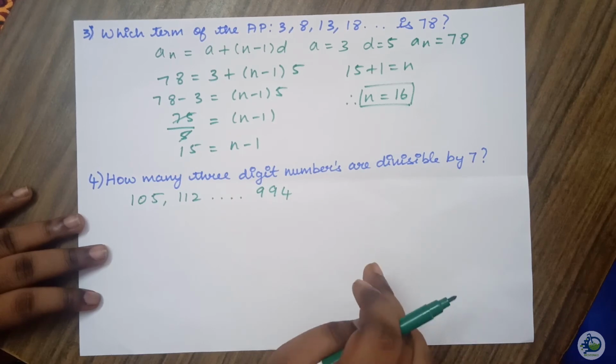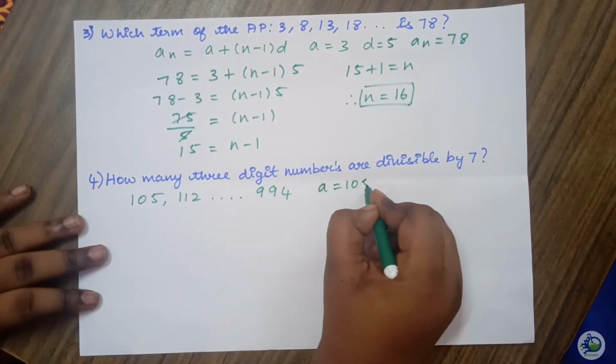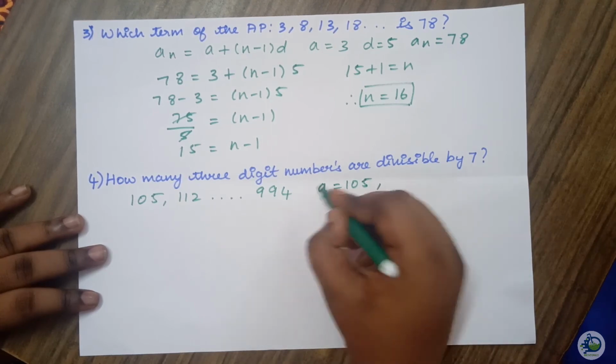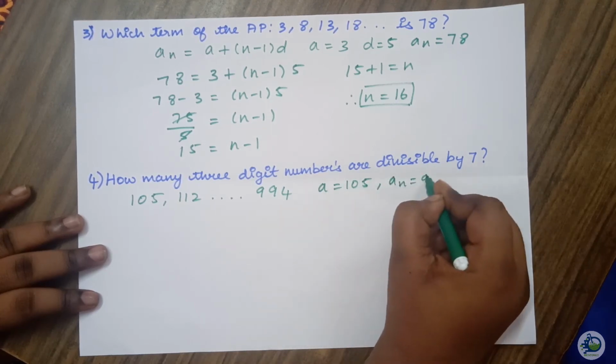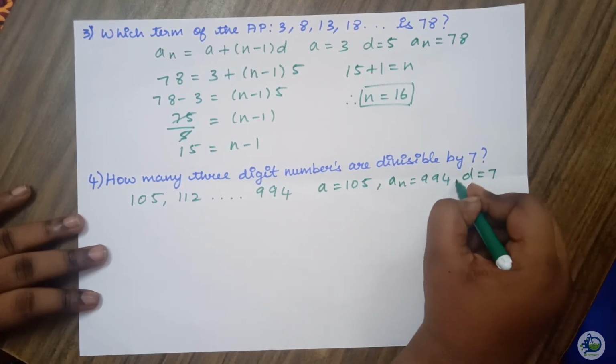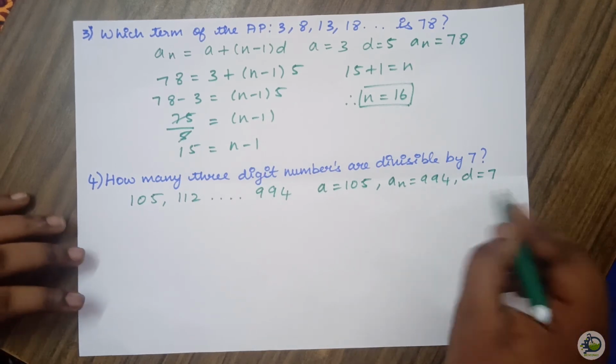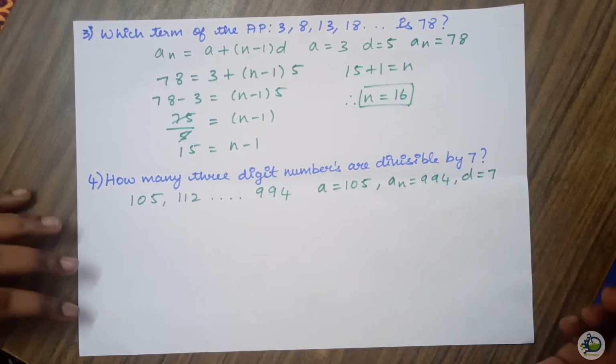Here we know that a is equal to 105, that is the first term, and the last term an is 994. And the common difference is obviously 7 because it is divisible by 7. It is a 7 table.